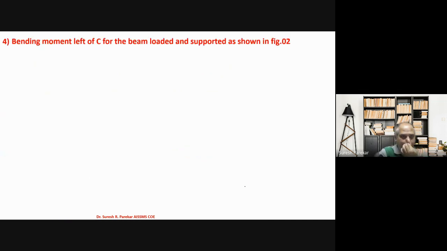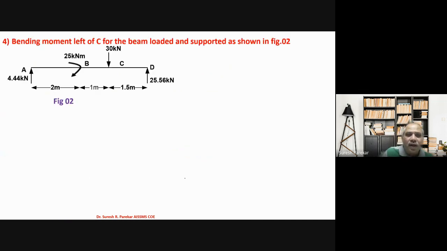Then bending moment left of C. So now left of C or right of C, it is going to be the same because we know bending moment we have to find under the concentrated load. Then what value we will get? So bending moment equal to 4.44 into 2, sorry, into 3 plus 25.